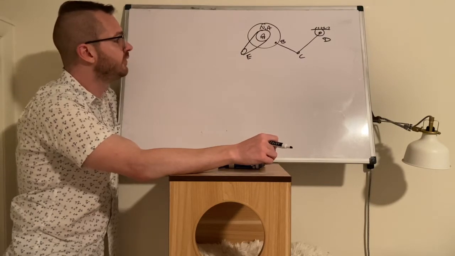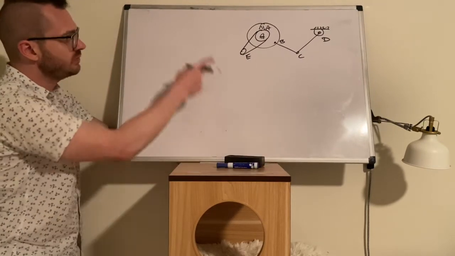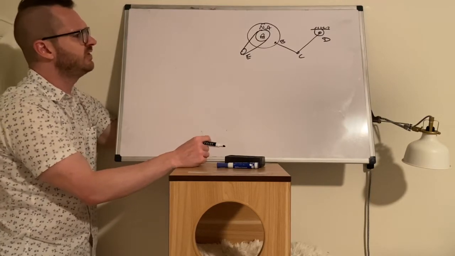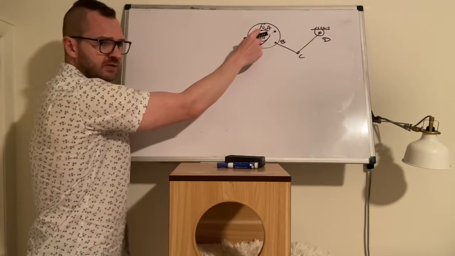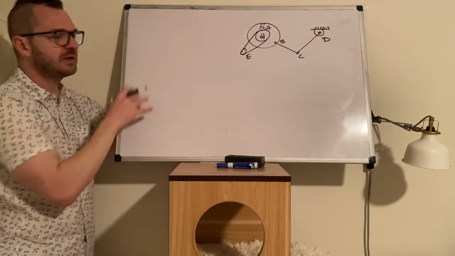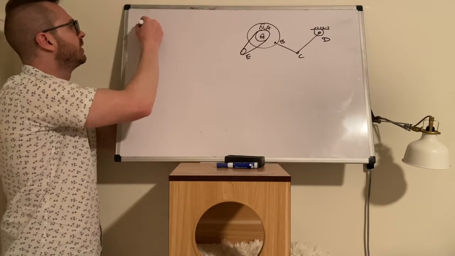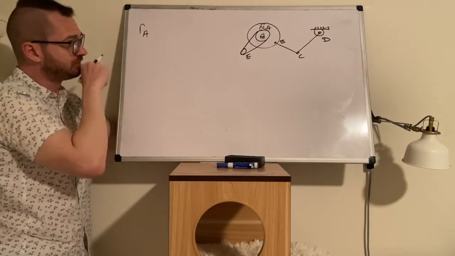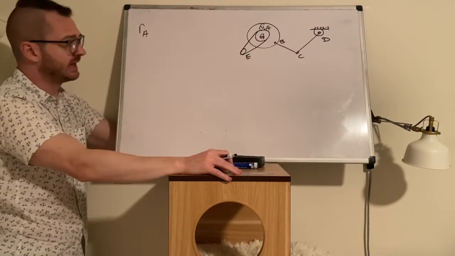So let's do the belt and pulley, get that thing out of the way. It's connected to this inner radius of disk A and just the radius of E. So specifically for this one, I'm going to use RA and RE to call out those radii.